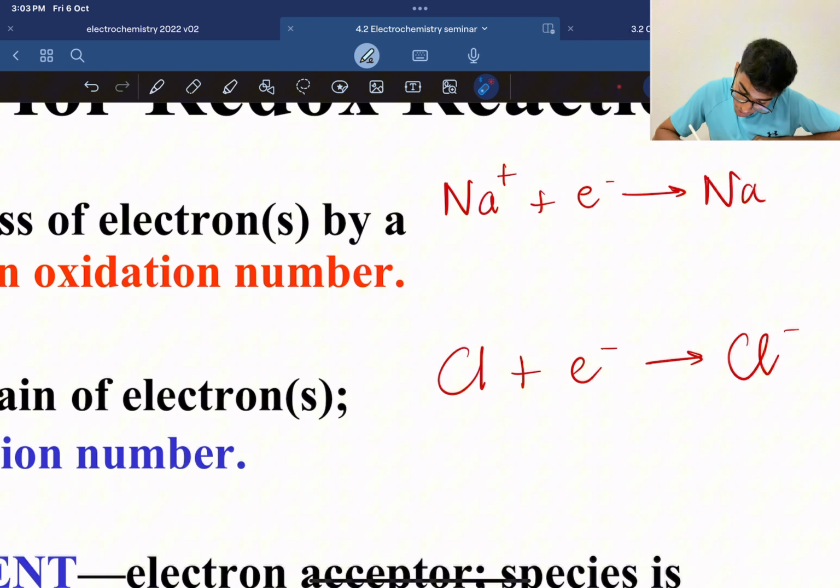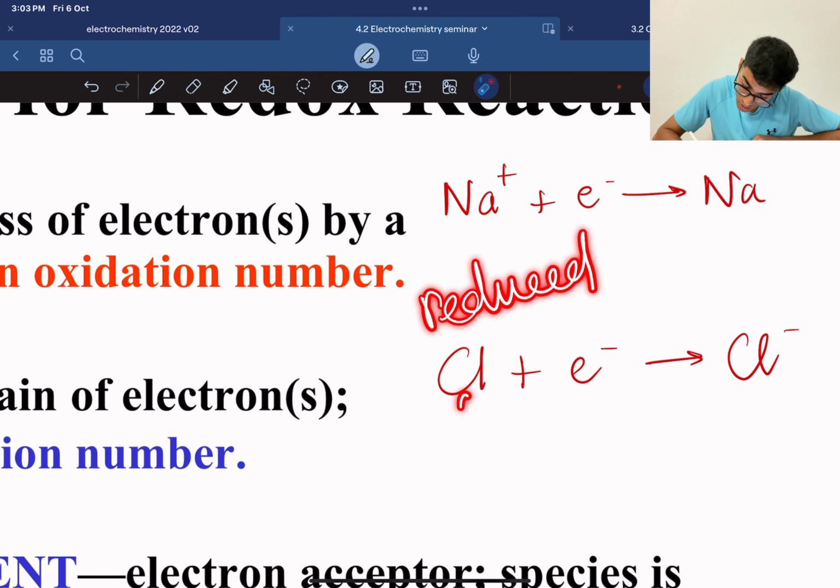Over here we can see Cl plus an electron is going to give us Cl-. Yes, this is correct. Again, an electron is being added, hence it's being reduced, hence this is an oxidizing agent.